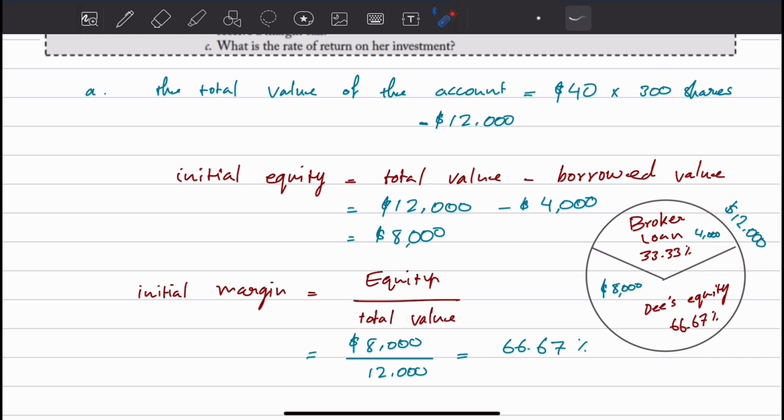Now, if the stock contained in that portfolio drops in price, that means this amount is going to decrease, right? Who bears the brunt of that reduction in the value of the portfolio? The investor herself. This party here is not really a partner. They're just lending the investor some money, right? So they do not share the profits or the losses.